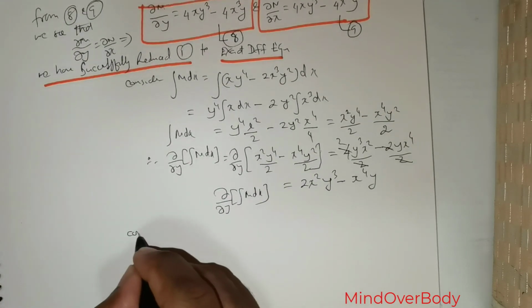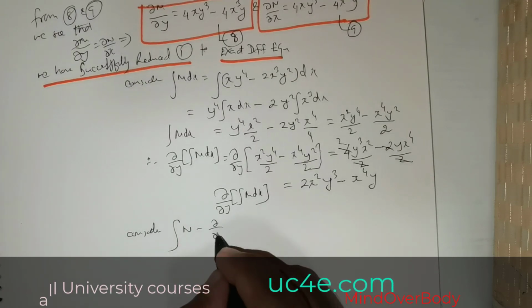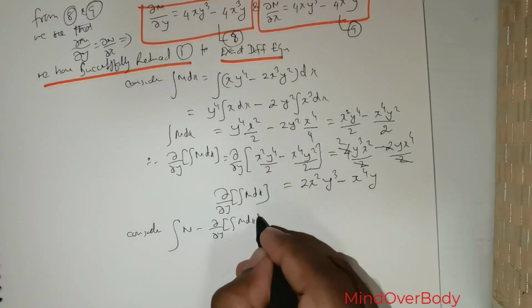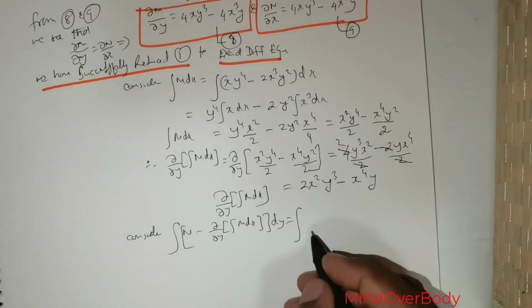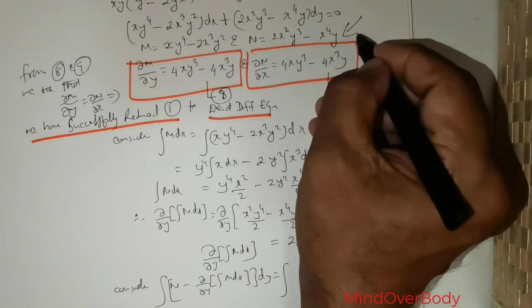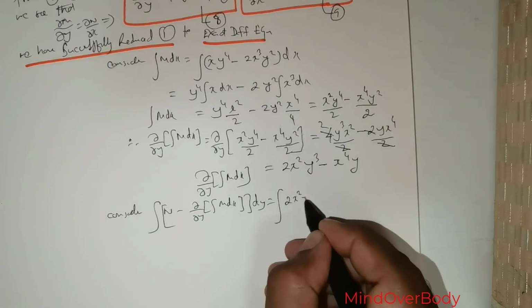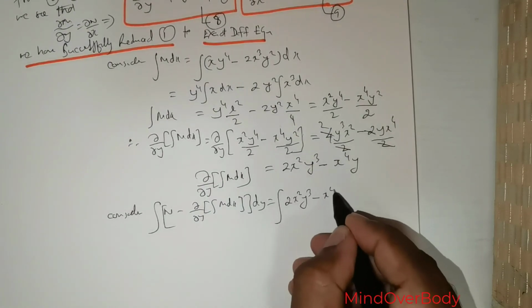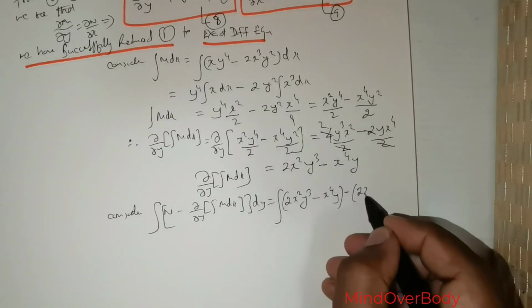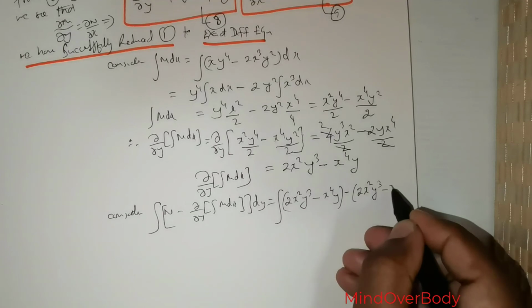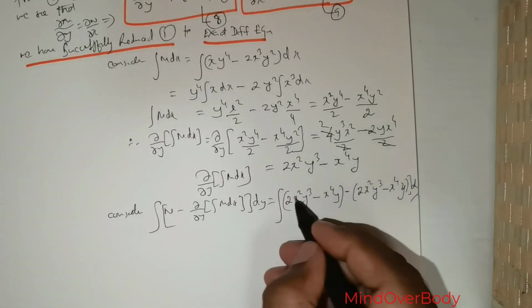Now consider integral of n negative dou over dou y of integral m dx times dy, which is equal to integral, my n is this, you can use this value, so that's going to be 2 times x squared y cubed negative x to the power of 4y, followed by a negative sign and a 2 times x squared y power 3 negative x to the power of 4 times y times dy, right?